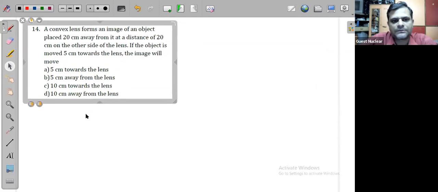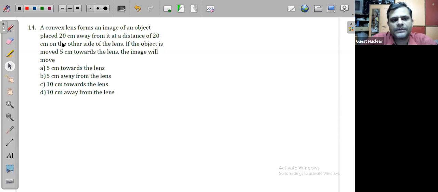Yes, convex lens forms an image of object placed 20 centimeter away from it at a distance of 20 centimeter on either side of the lens. Yes. Suppose this is the lens and image of object placed 20 centimeter away from it.